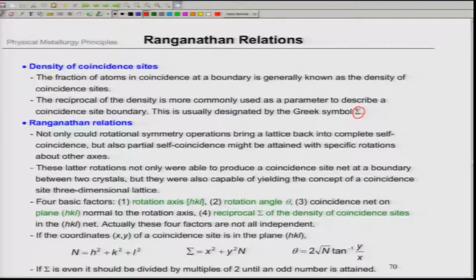Second one is the angle that I have already discussed. Third one is the coincident net on the plane HKL normal to the axis. It is obvious, because if I have a 111 axis, whether the coincidence plane is 111 or some other plane, that will dictate what kind of boundary results. And obviously, the important parameter which I have just now told you is the reciprocal of the density, sigma. That is the important aspect.